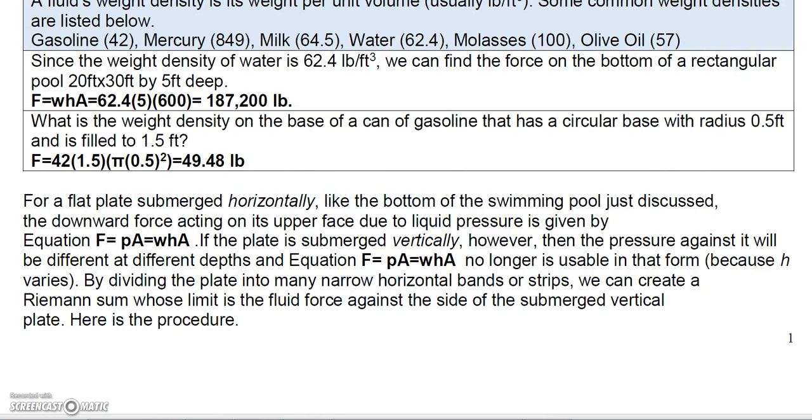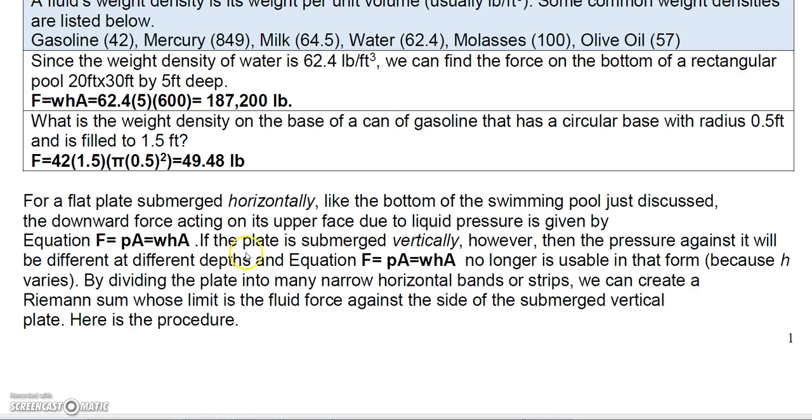Now for the next paragraph, for a flat plate submerged horizontally, like the bottom of a swimming pool that we just discussed, the downward force acting on its upper face due to the liquid pressure is given by the formula that we just covered.